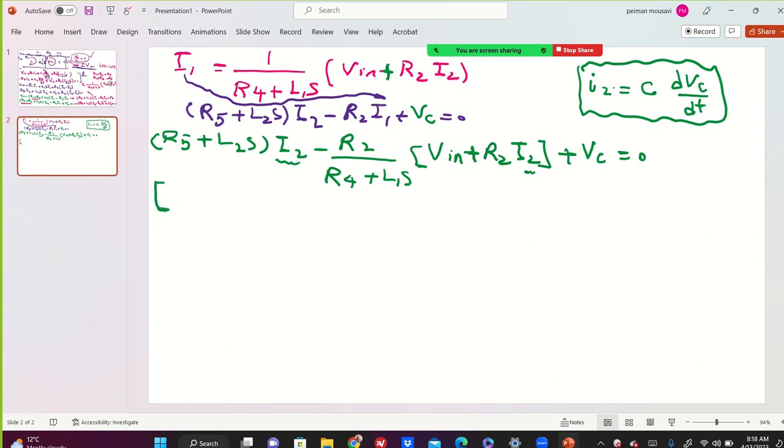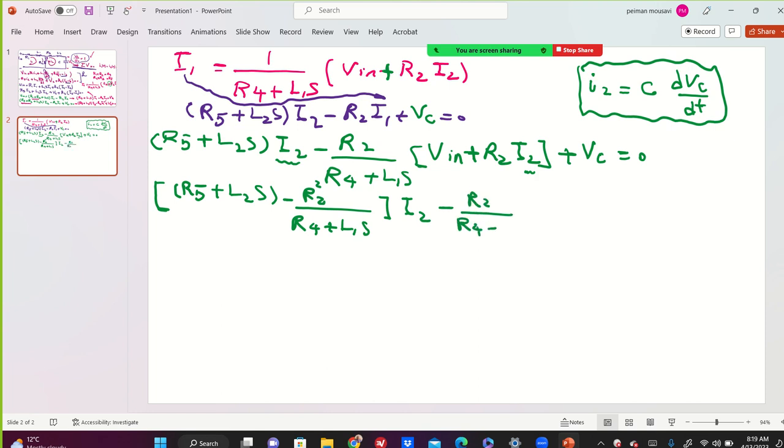You have R5 plus L2S minus R2 square over R4 plus L1S, okay, in I2, minus R2 over R4 plus L1S Vin plus VC is 0.